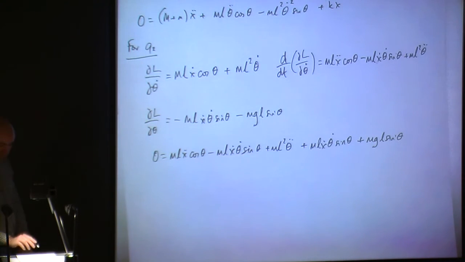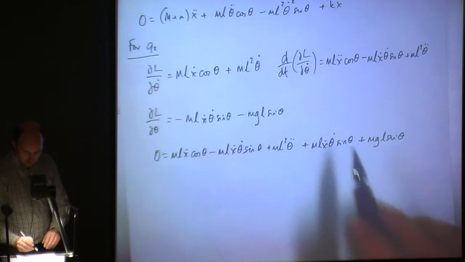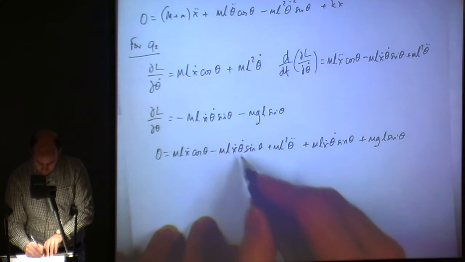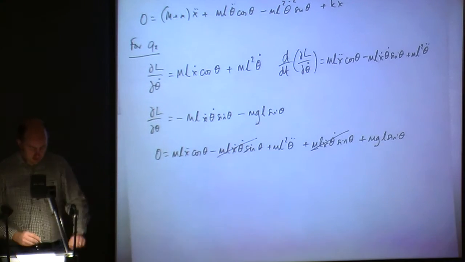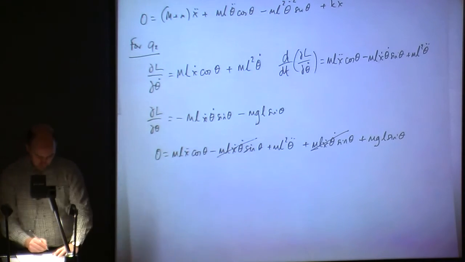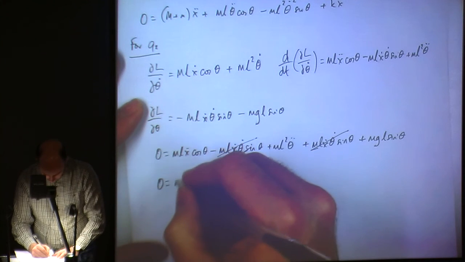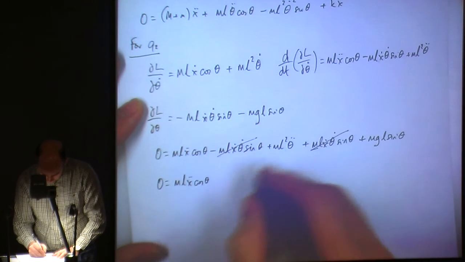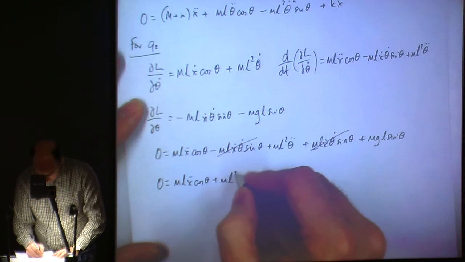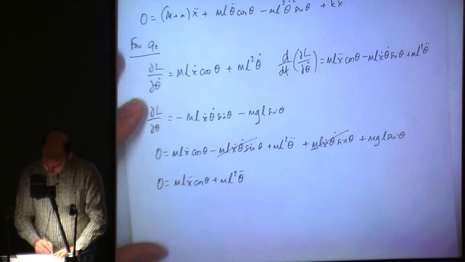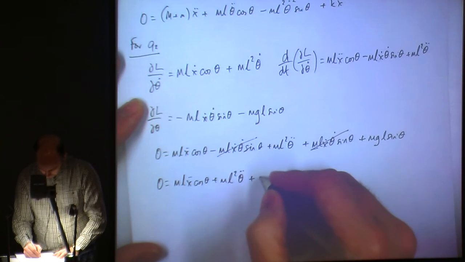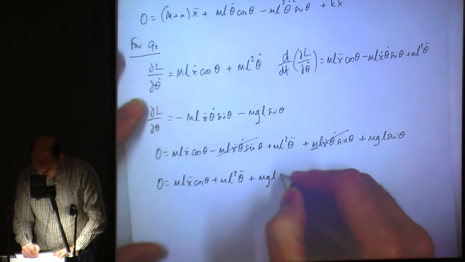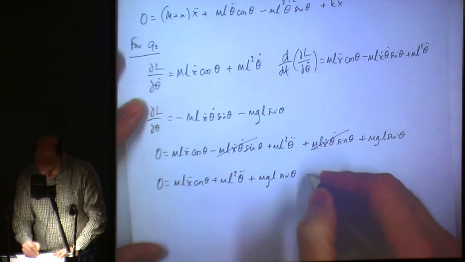Now notice that this term and this term are the same. One's a minus, one's a plus. They disappear. And we end up with 0 is ml x double dot cosine of theta plus ml squared theta double dot plus mgl sine of theta.